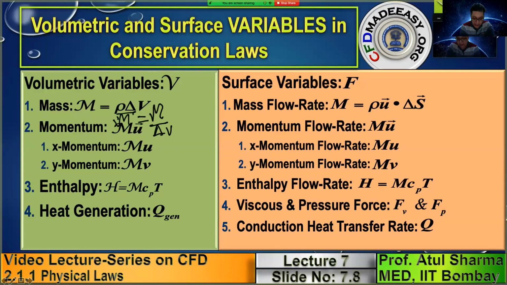Mass per unit volume is equal to density, whereas the flux term, like the mass flux, is represented as mass per unit area normal to the direction of flux. So this mass flux is given as rho into u velocity.